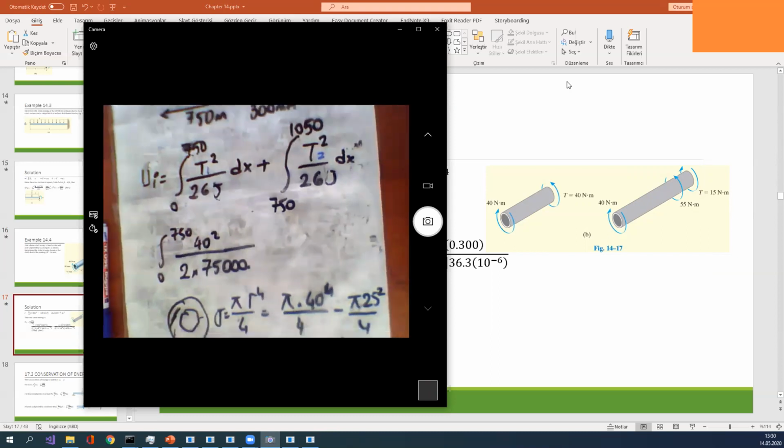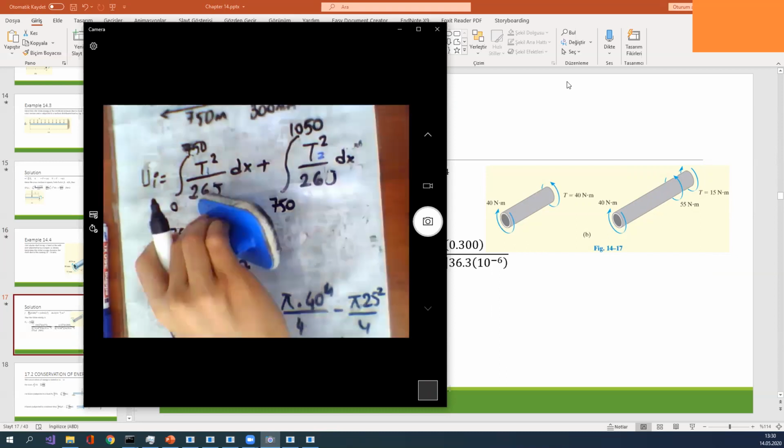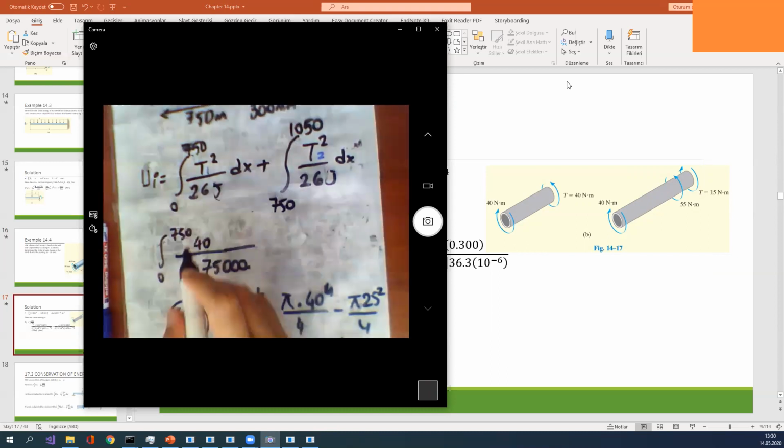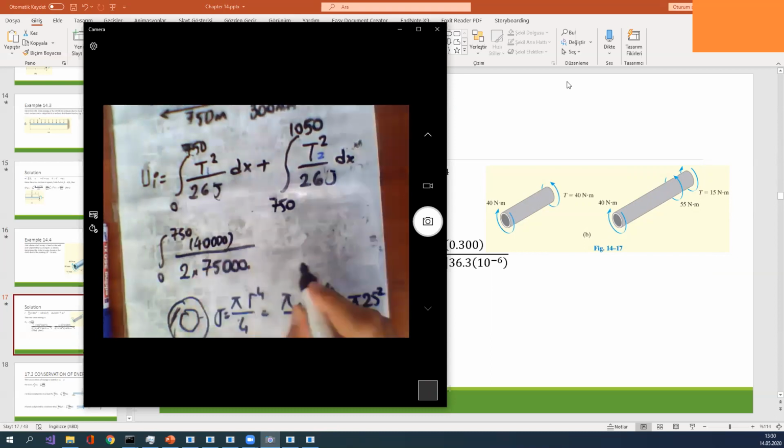Therefore, I need a little bit of changes in here. It's 40,000 squared times 36.3 times 10 to the power 6, like this.